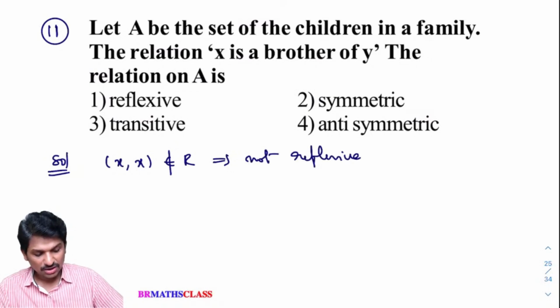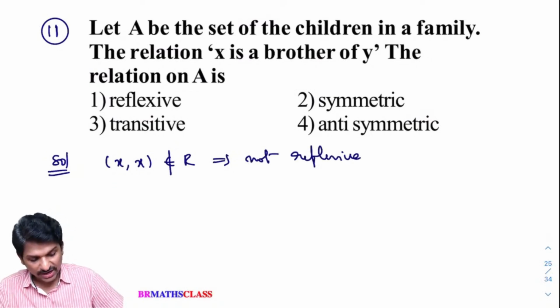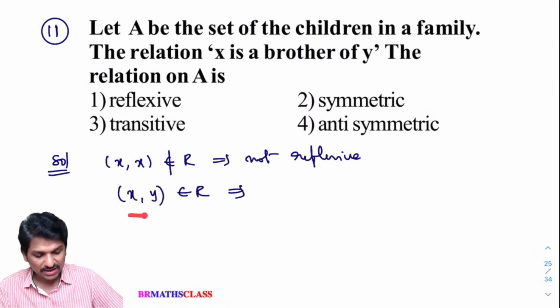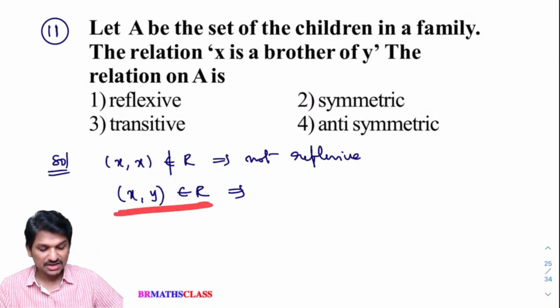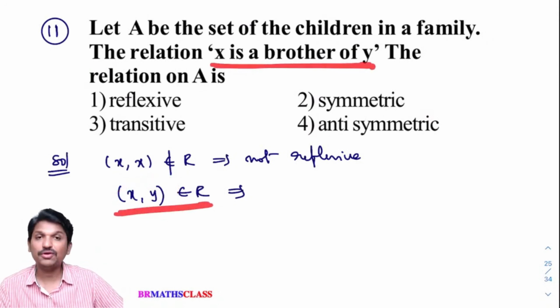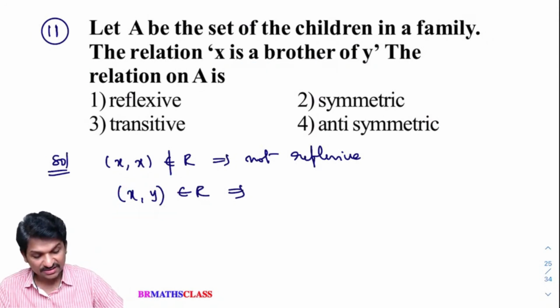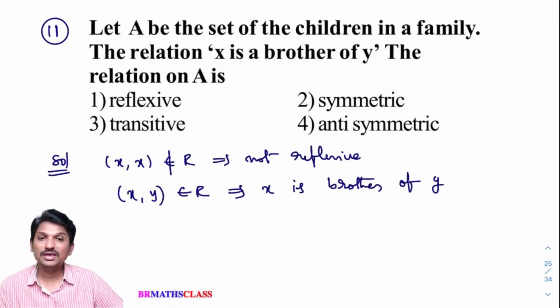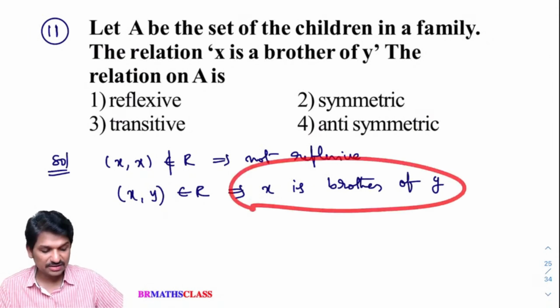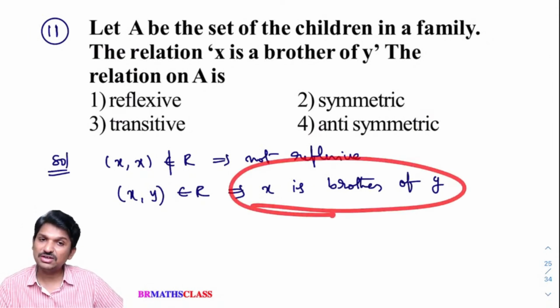Now you take one ordered pair (x, y) belonging to the relation. Now you check whether (y, x) belongs to that relation or not. When (x, y) belongs to R, it itself indicates x is a brother of y. Here y is also a brother of x?